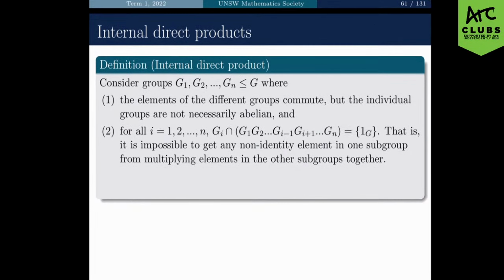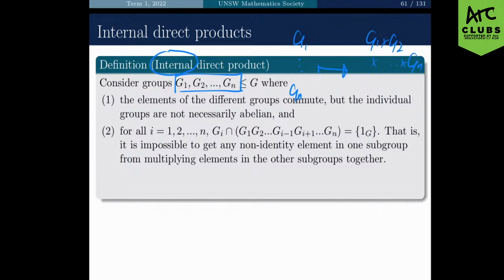Cool. So that's external direct products. We'll move on now to internal direct products. So with internal direct products, basically what we're doing is we're considering different groups here. And as you can guess from the word internal, we don't want to create a new group from these groups. You remember from before, when we're taking G1 down to Gn, we're mapping them to a completely new group, G1 times through to Gn.